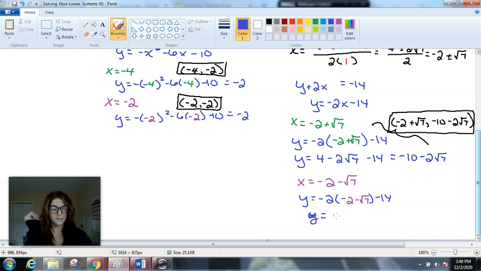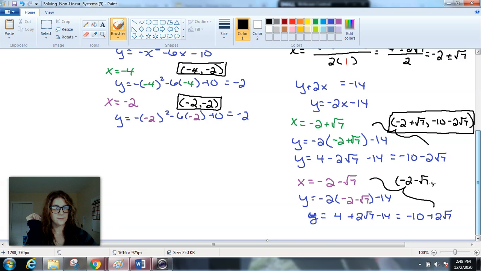Y equals +4, +2 radical 7 now, and -14. Again, combine your like terms, and we have -10 plus 2 radical 7. And again, when I put those together, I have -2 minus radical 7 and -10 plus 2 radical 7 as my ordered pair.